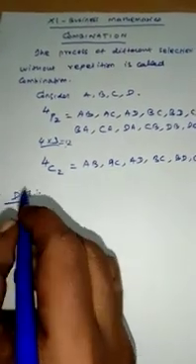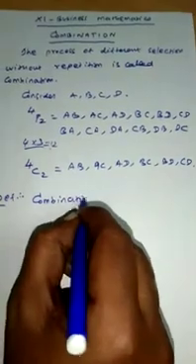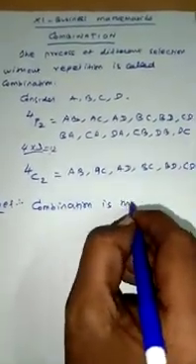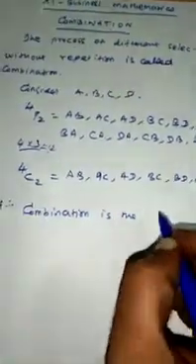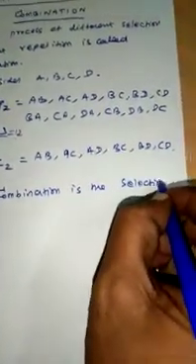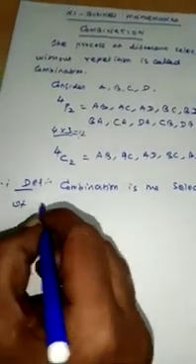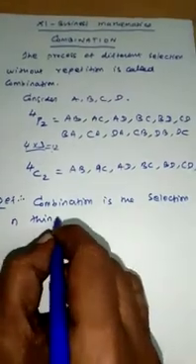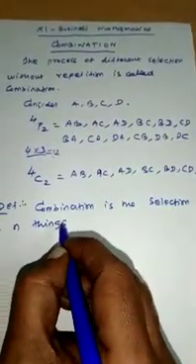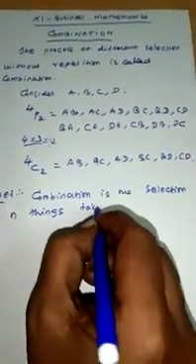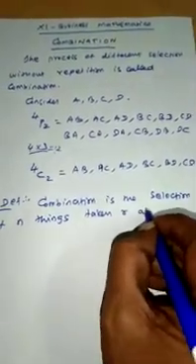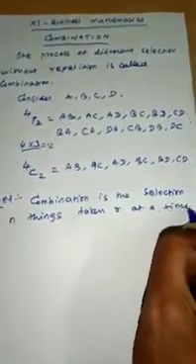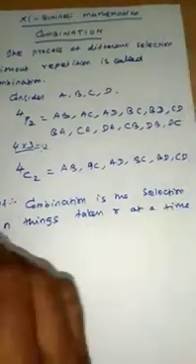Combination is the selection of n things taken r at a time without repetition.